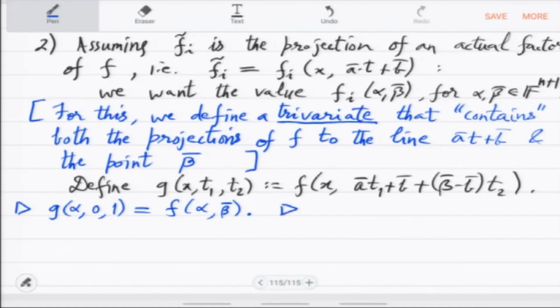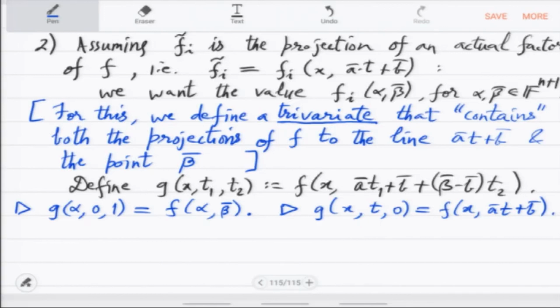Moreover, it contains the point beta bar, and it also contains the line, because you get G(x, t, 0), and that is just what you had before, F(x, a bar t plus b bar).